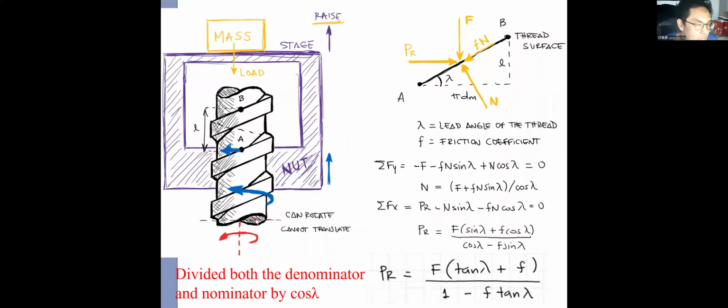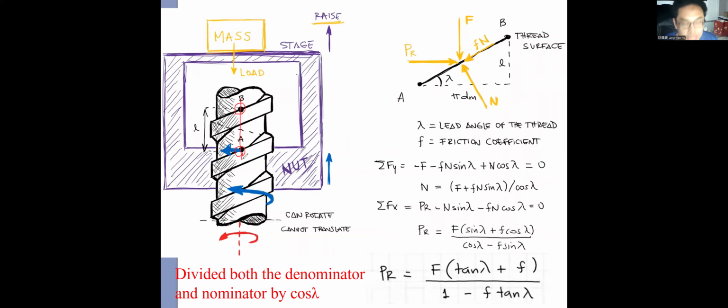So suppose we focus on two points on this power screw, point A and point B, at the same position.